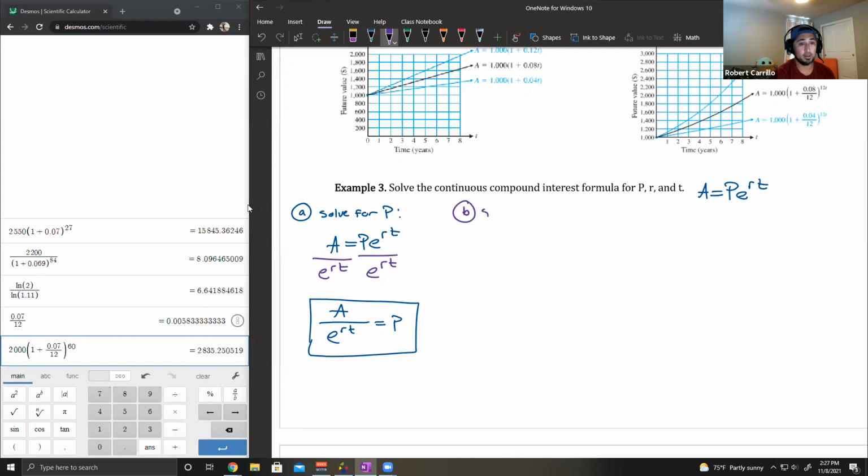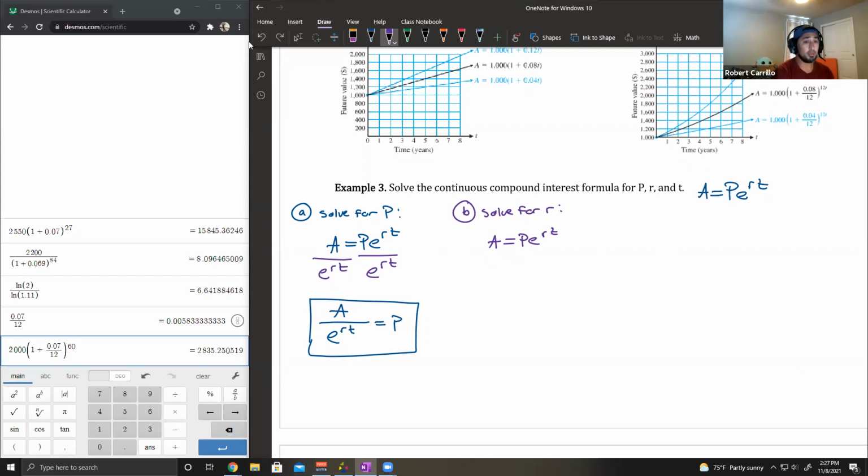Okay. Next, solve for R, solve for T. So B, we'll say solve for R. And you have A equals P times e to the RT. Our goal is to get R down from being an exponent. But of course, that is going to use natural logs.